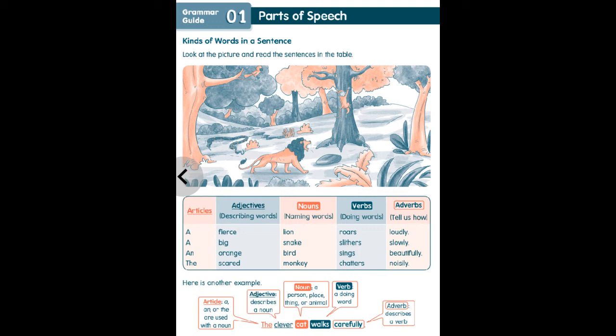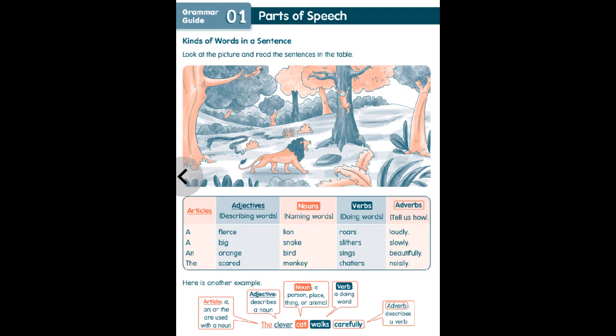Now, in one sentence, all these parts are included. See here, in various colors they have given. The clever cat walks carefully. Now here, the is an article. Clever, adjective.